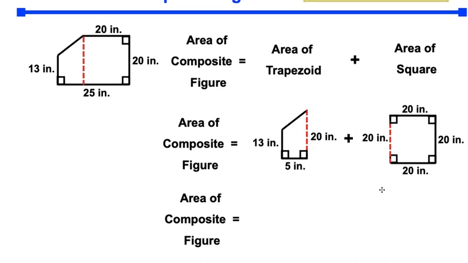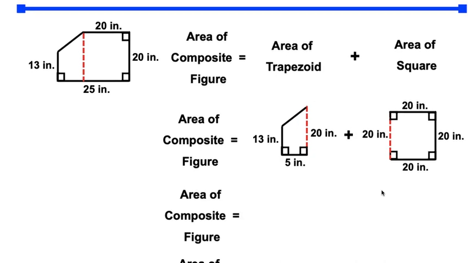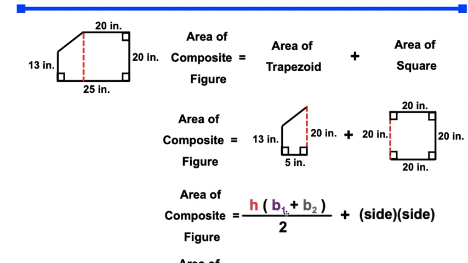In a previous video tutorial, I already demonstrated how to find the area of a trapezoid. So we're going to apply these formulas, the height times the sum of both bases divided by 2, plus the area formula of a square, which is side times side.